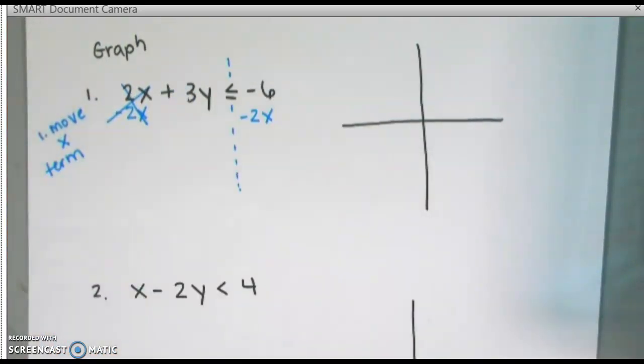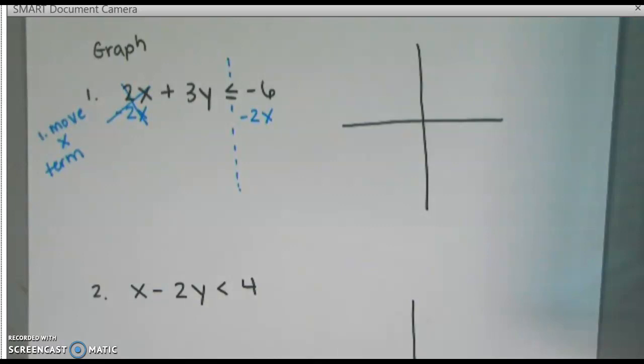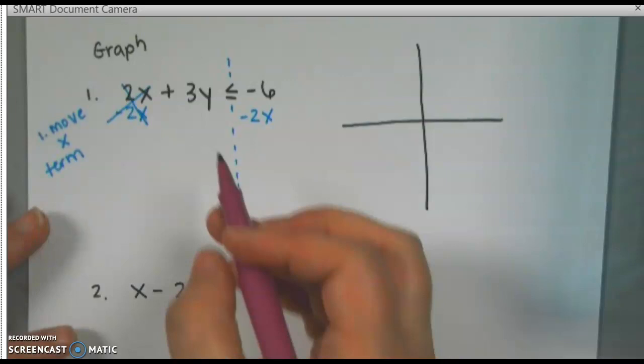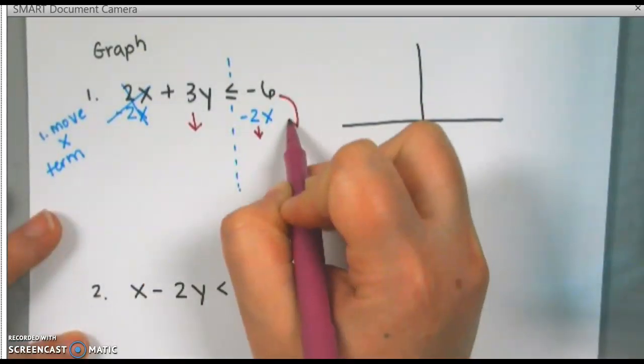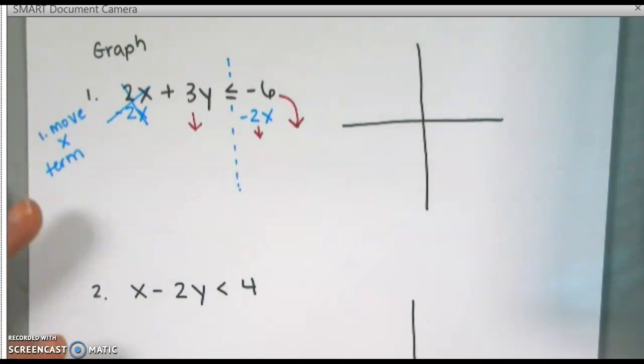Then we bring everything down. You should have 3 things that you're dropping down: the y, the new x, and the constant that's now on the same side as your x. So I'm dropping down that, that, and that. 3 things.